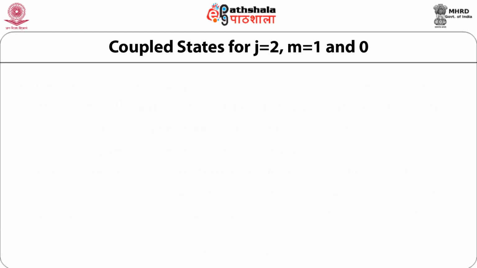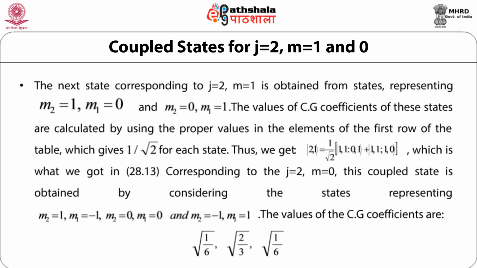Coupled states for j equal to 2, m equal to 1 and 0. Now, the next coupled state that we are interested in finding out corresponds to the value of the total angular momentum j equal to 2 and the magnetic quantum number m equal to 1, and is obtained from the states representing m2 equal to 1 and m1 equal to 0, and the states m2 equal to 0 and m1 equal to 1.